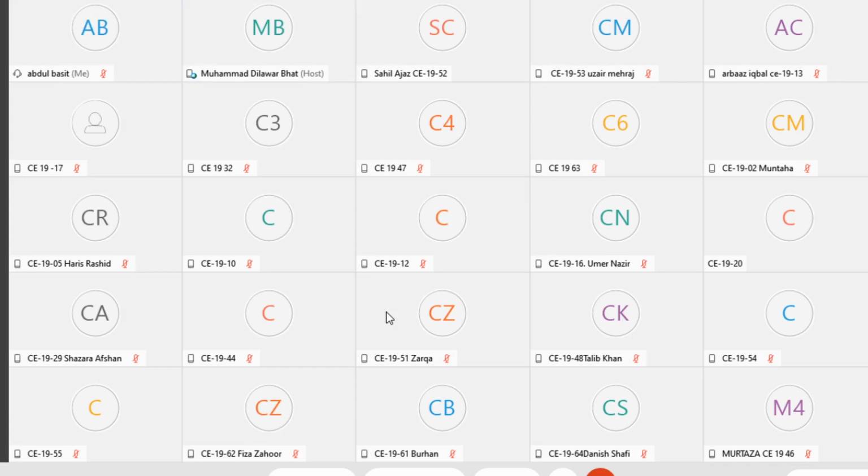Now let's say we have one more problem, a simply supported beam, with the same intention to make you understand more. It has a roller support on one end and a pin support on the other end.